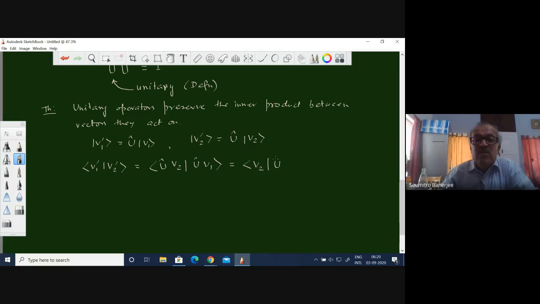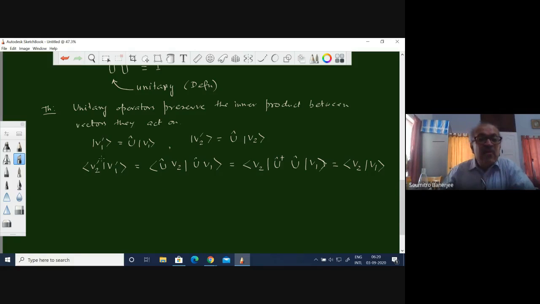This will be U dagger, because I have to take it from the bra side, and U V1. Sorry, this is nothing but identity. Therefore, there's nothing here. It is V2. Oh, sorry. It has to be 2. It has to be 1 here. Otherwise, it will be wrong.